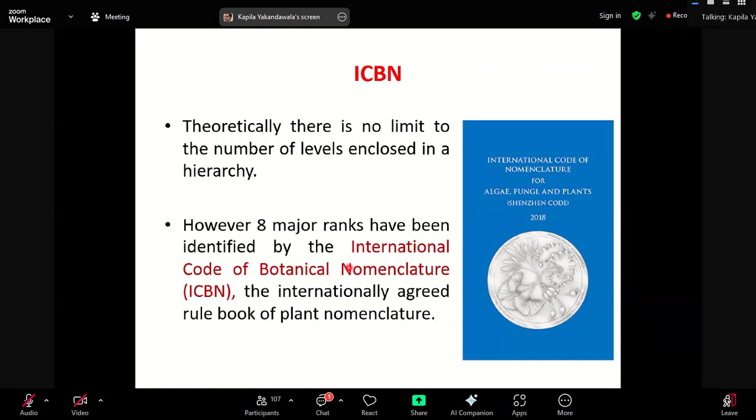You can give, but when it comes to publication, it will be recognized as a mistake. So there's a method to find out who named the plant first. So the first name will be acceptable.